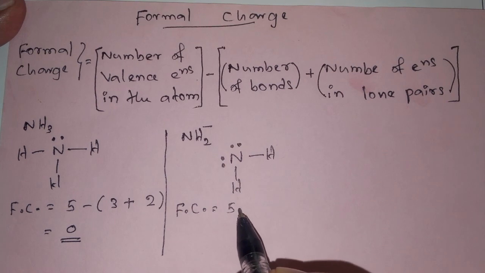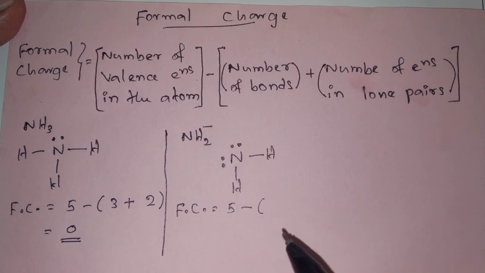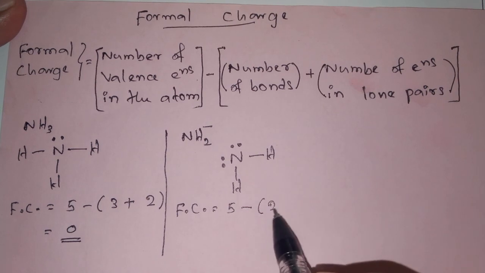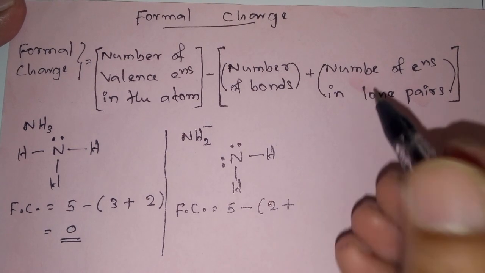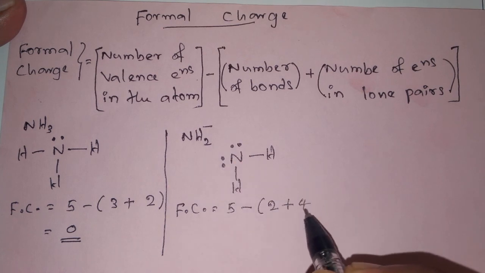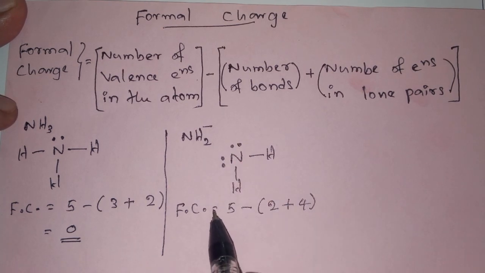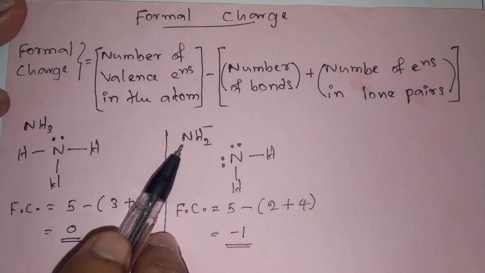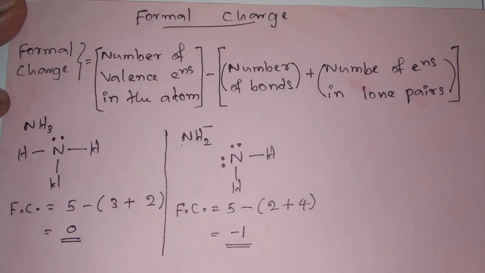We know that it has 5 electrons. And number of bonds, there are 2 bonds now. And number of electrons in lone pairs, there are 4 electrons. So you can see there is a negative 1 formal charge on the nitrogen atom in the NH2 minus ion.